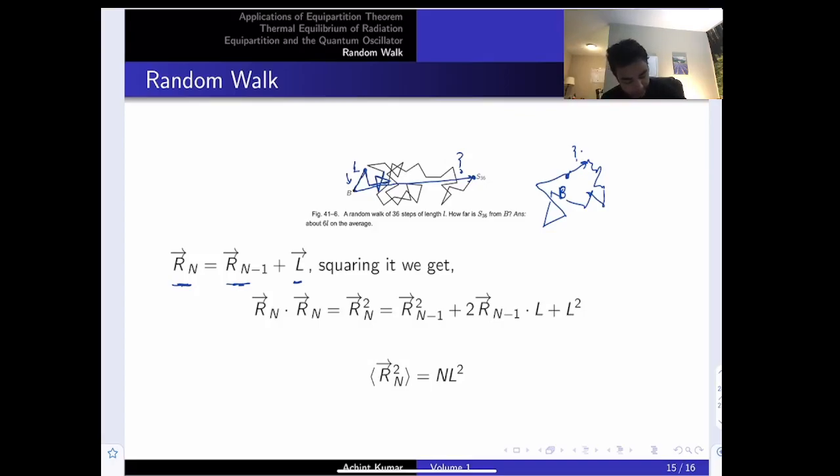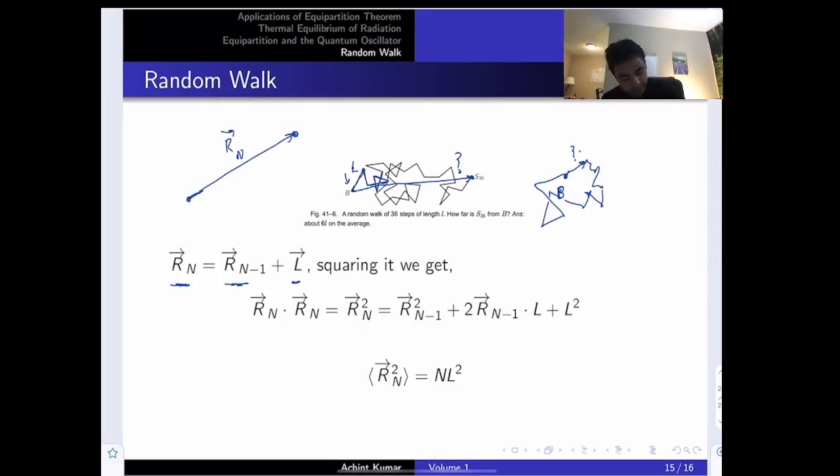So if I assume this is Rn, this is the position of the random walker from the starting point after n steps, and this is Rn minus 1. This is the position of the random walker after n minus 1 steps, and at the nth step the random walker goes in this direction.